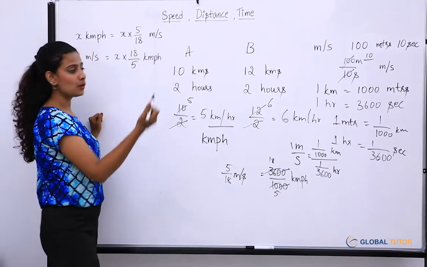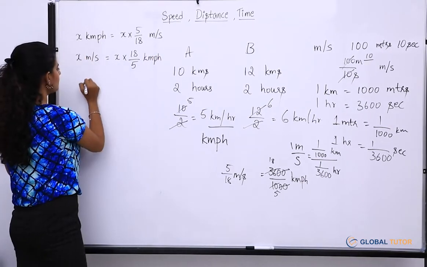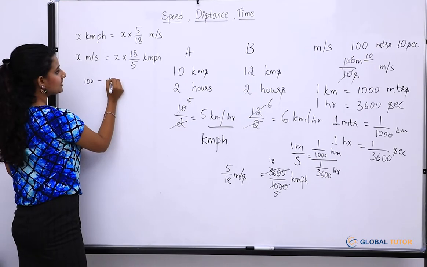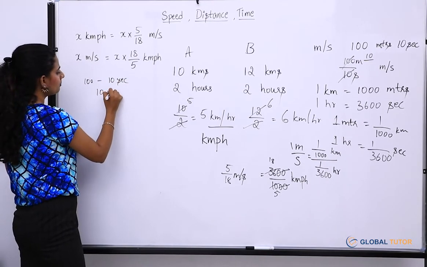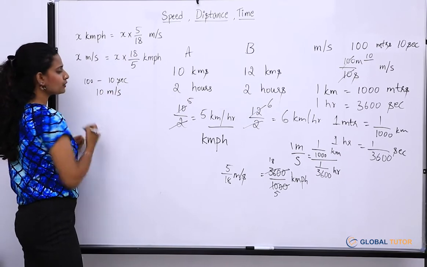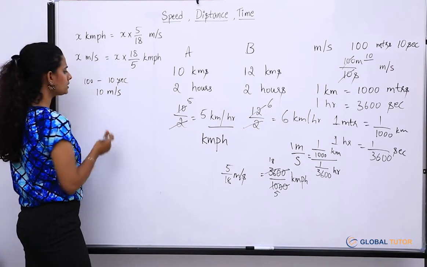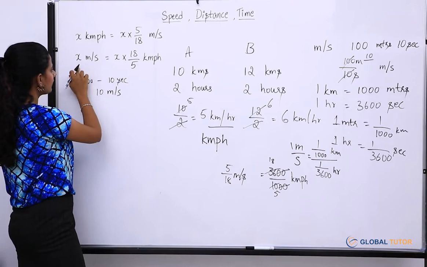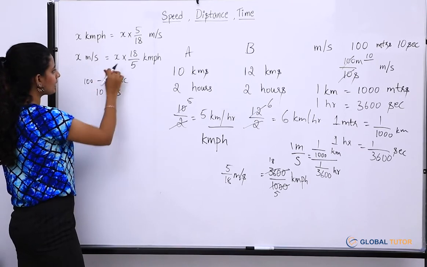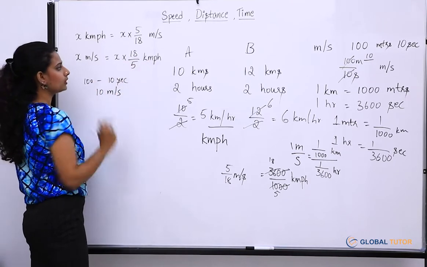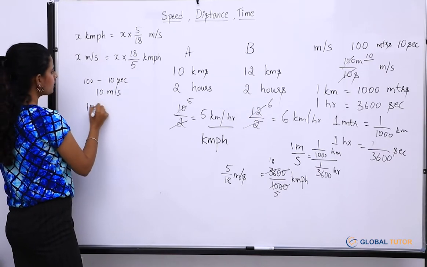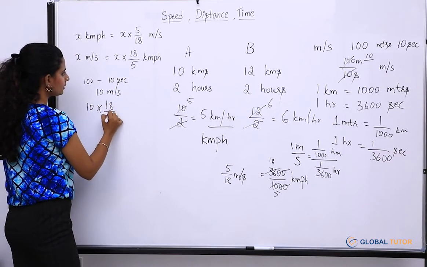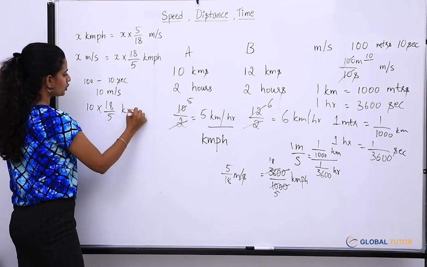So here Usain Bolt covered 100 meters in 10 seconds, right? And we express it as 10 meter per second. Now if we have to convert this in kilometer per hour, how do we write it? So x meter per second is equal to x into 18 by 5 kilometer per hour, right? So here x is 10. So 10 into 18 divided by 5 kmph.